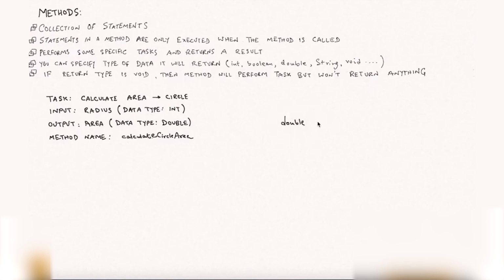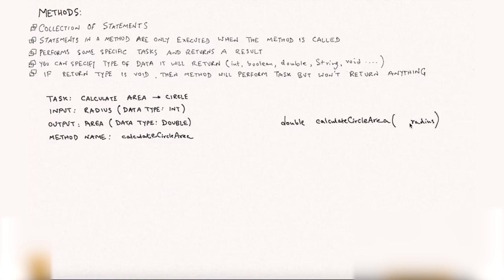Then we'll say what the name of the method is. So we'll say calculate circle area. So we have at first the return type, then the name of the method, and inside the brackets we'll say what the input of this method is going to be. Now the input is going to be radius, right?